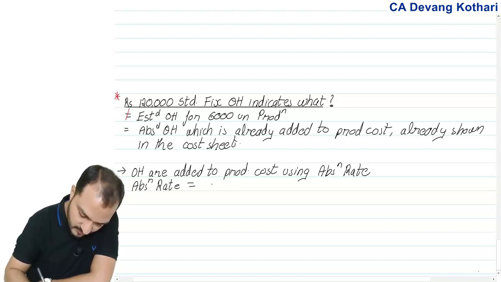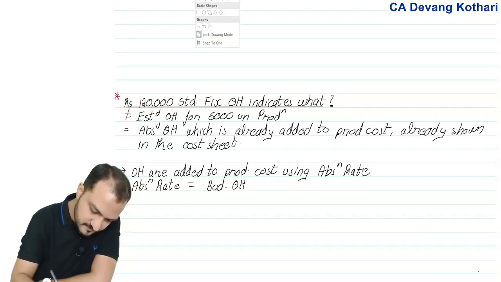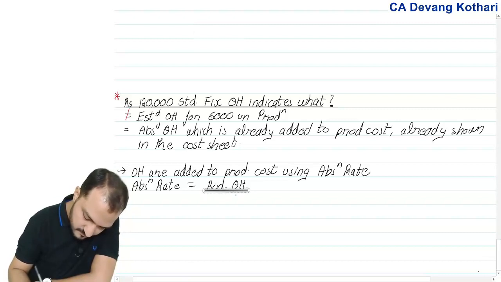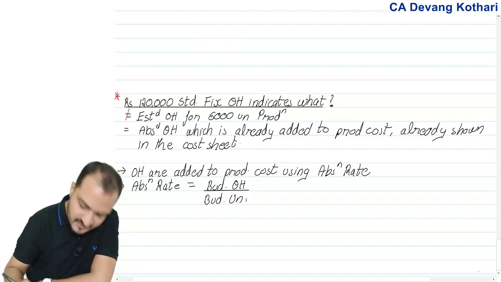Absorption rate will be equal to, let's say, budgeted overheads divided by budgeted units.